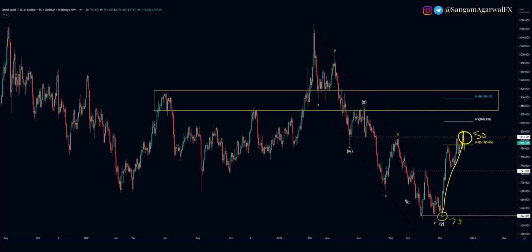So trend has changed and new trend has been started because next Fed will do 25 basis point rate hike, then they will pause, then after that rate cut speculation will start, and rate cut speculation is bullish for gold all the time because in hike it goes down but in rate cut it goes up.